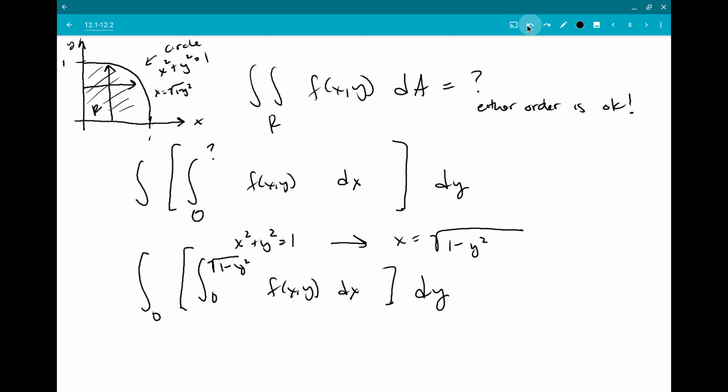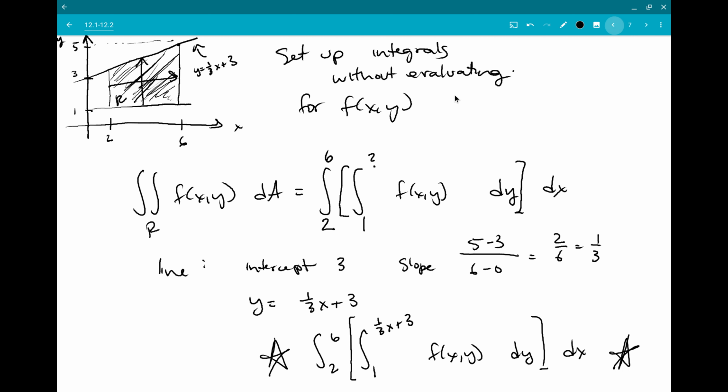But remember, the outside bound always has to be a constant number. And so what we actually do is we just find the highest value that y has to reach on this circle. And so that happens to be this one at the leftmost edge, but it's not always going to be that. So for us, the biggest value y is 1. It was easier here because both sides of the outside variable looked like straight lines.